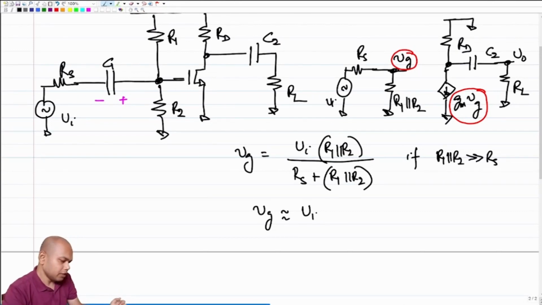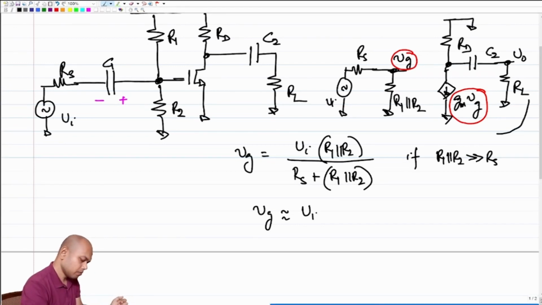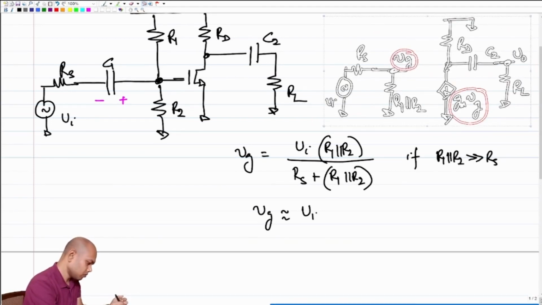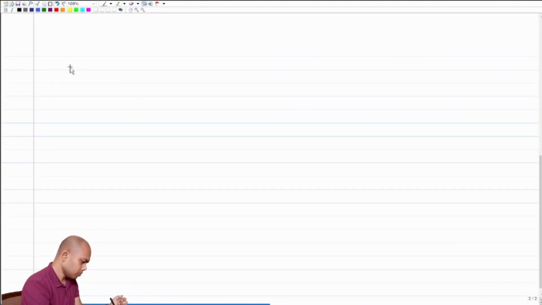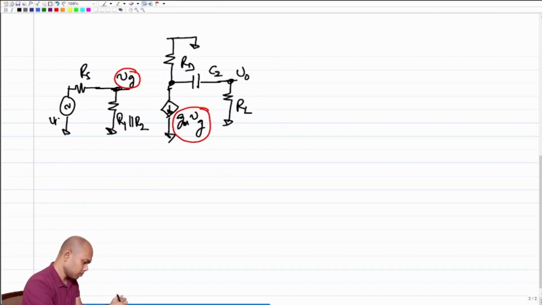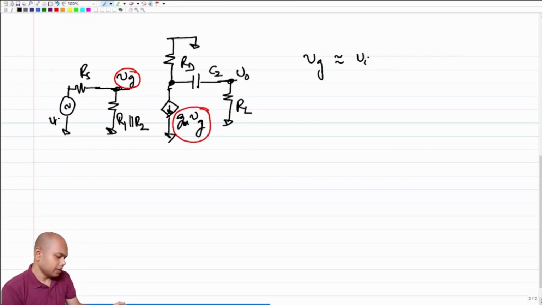So if Vg becomes Vi, what happens? Let me copy this. So Vg is approximately equal to Vi, right?